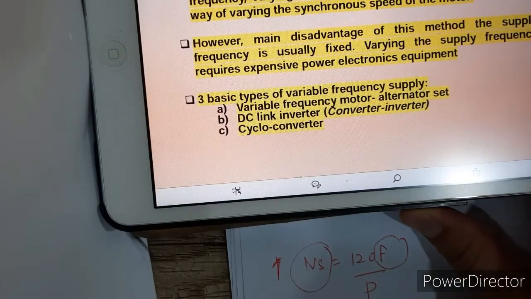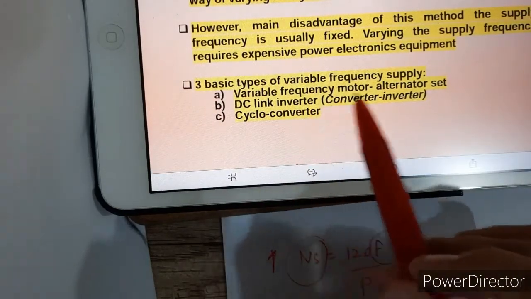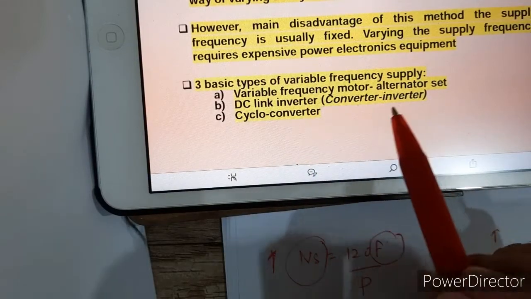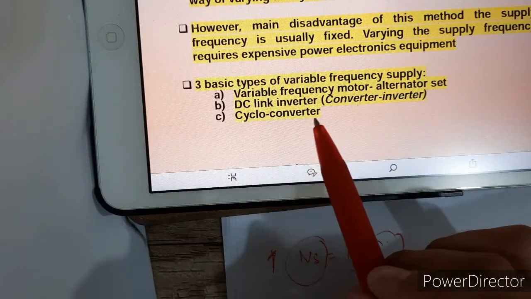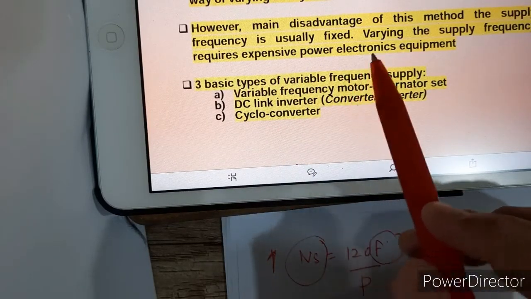There are three basic types of variable frequency supply: variable frequency motor alternator set, DC link inverter or converter inverter, and cycloconverter. These are the three types of power electronic equipment.